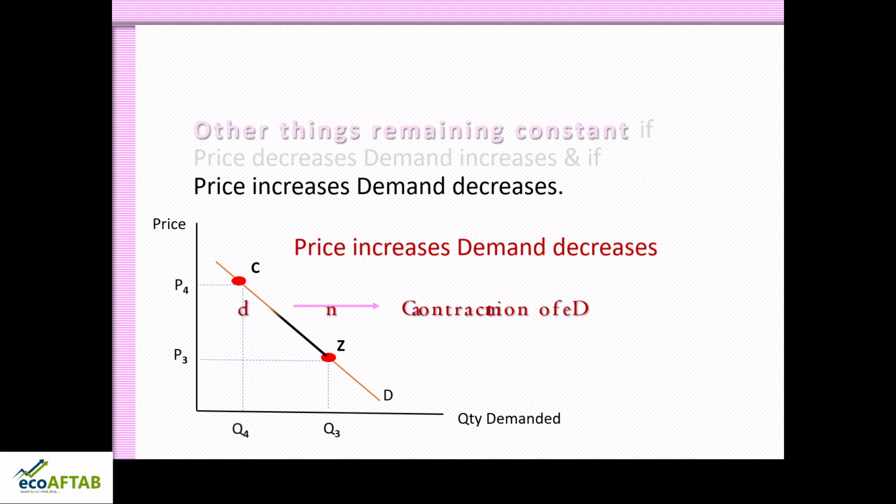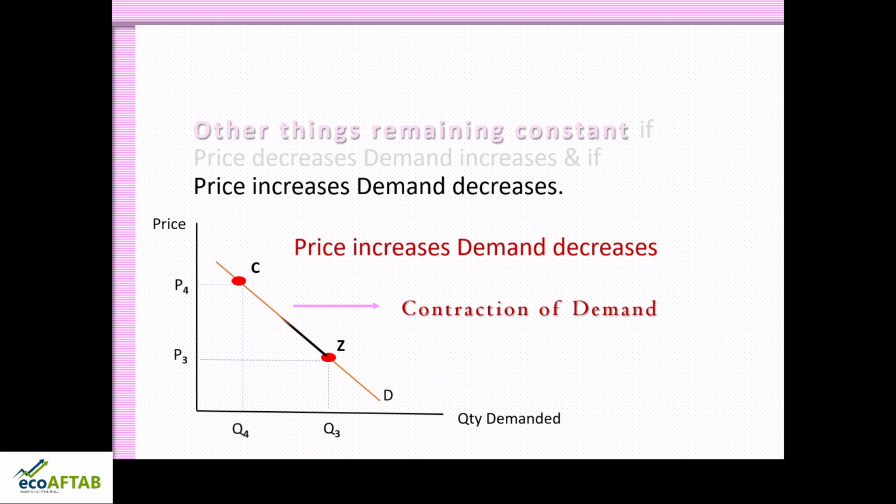contraction of demand. So you saw when the arrow is moving down, it is because of a fall in price, and that is extension of demand. Now here the arrow is moving up, it is because of the rise in price, and that is called contraction of demand.